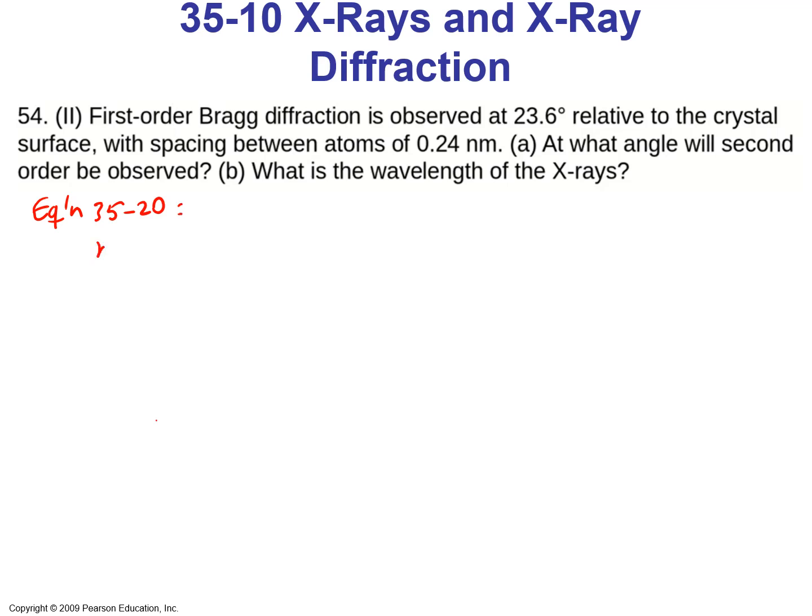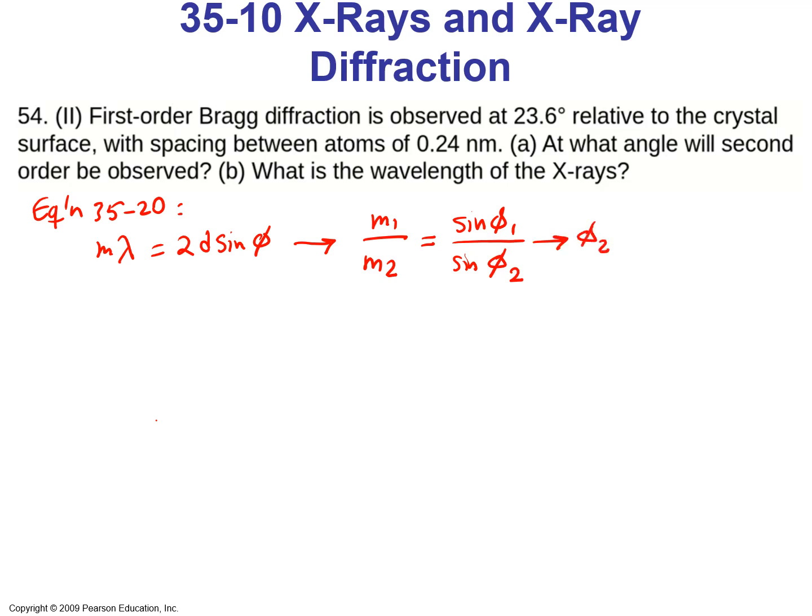So we say m times lambda is equal to 2d sine phi. If we use the same equation for two orders and take the ratio, we have m1 divided by m2 is equal to sine of angle phi 1 divided by sine of angle phi 2. Solve it for angle phi 2 is equal to sine inverse of m2 divided by m1 times sine phi 1.